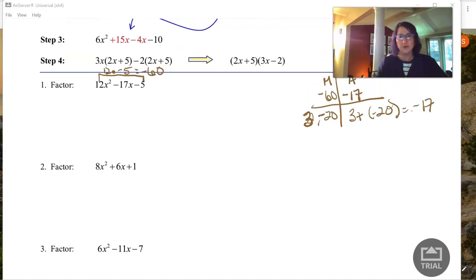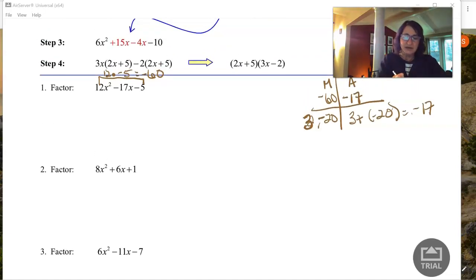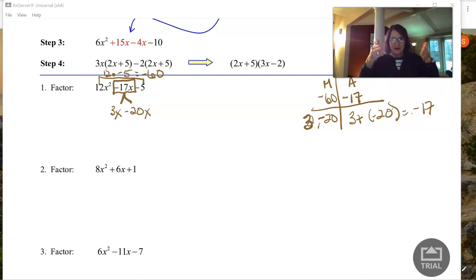I am going to split this middle term using those factors. So it'll be a 3x minus 20x. Why the x? Because those like terms need to add up to that middle term exactly that has the variable.